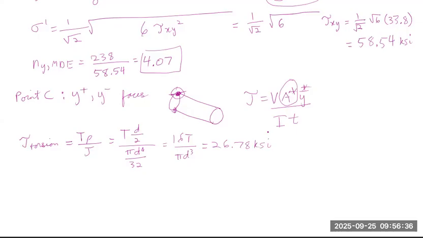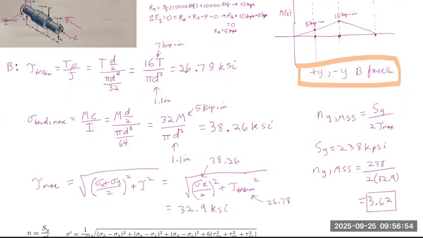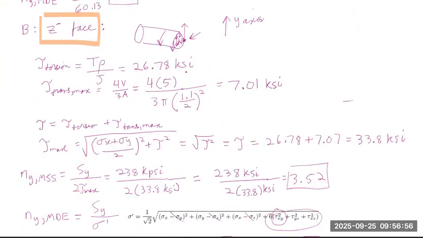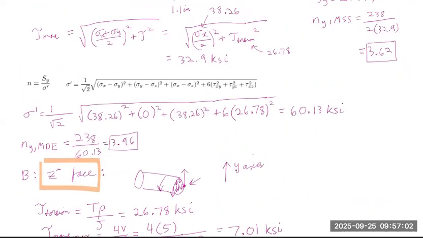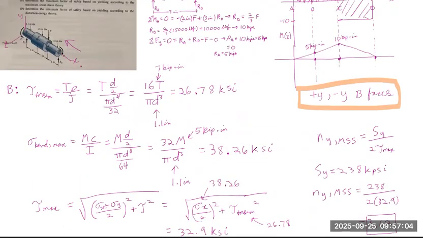As we found, oh wait, sorry, that is for point B. But the general equation remains the same, except we have a different diameter, since the diameter we're using is the 1.3-inch diameter. So we have 16, and the torque is going to be the same because of conservation of torque.